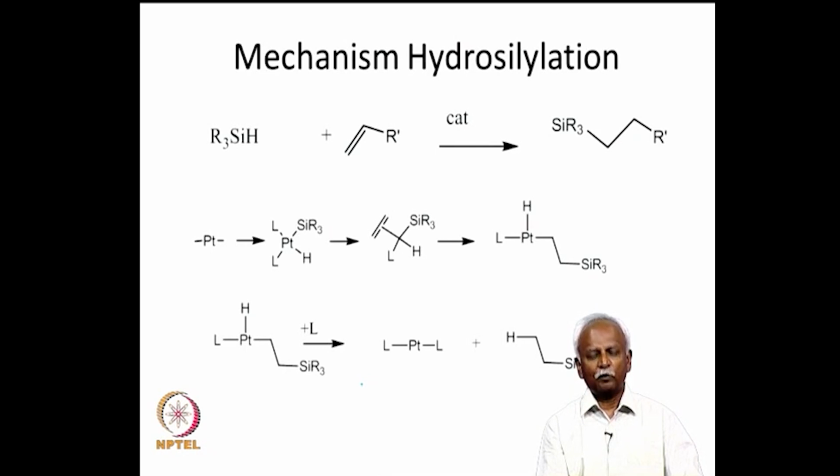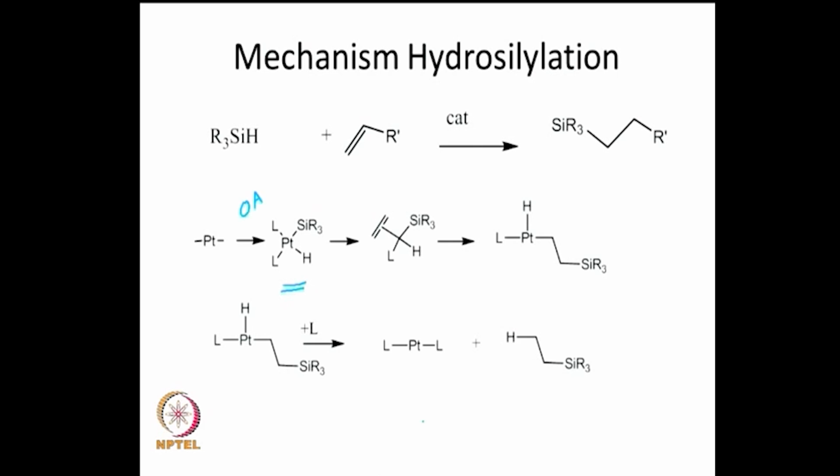The mechanism of hydrosilylation has been discussed in great detail, and it turns out that conceptually you can add the silicon first or the hydrogen first, and either way you can end up with the product. But in the reaction mechanism, platinum in the 0 oxidation state first undergoes oxidative addition. So, an oxidative addition is essential.